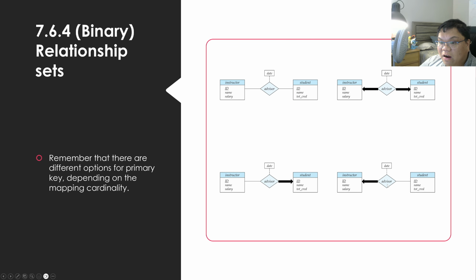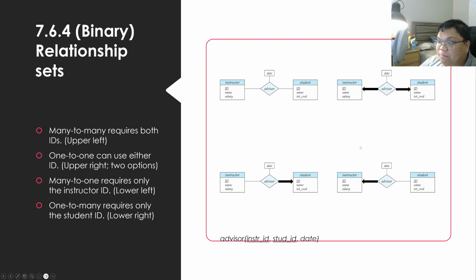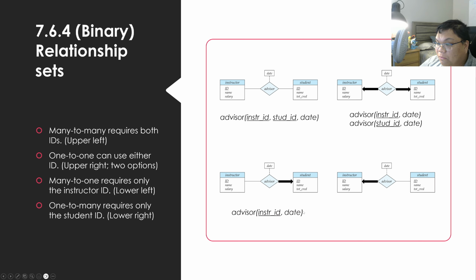And remember, there are different options for the primary key depending on the mapping cardinality. So if it's many-to-many, we need both IDs. If it's one-to-one, turns out there are two options for this. If it's many-to-one, we only need the instructor ID, but if it's one-to-many, we only need the student ID.